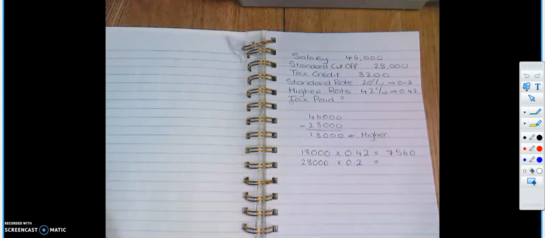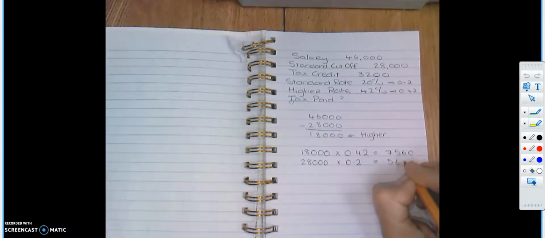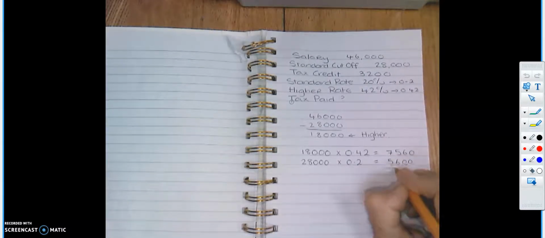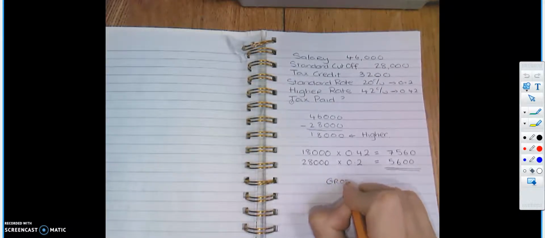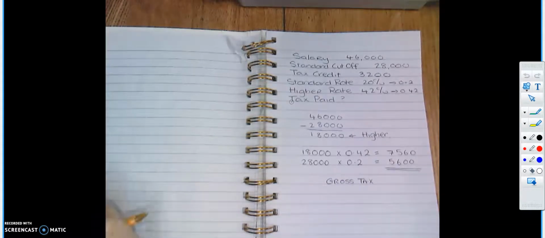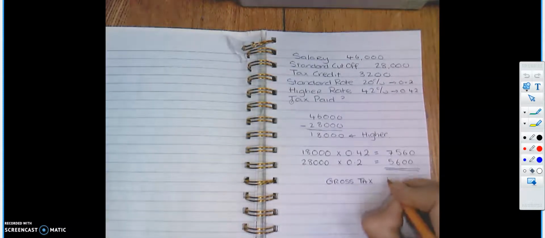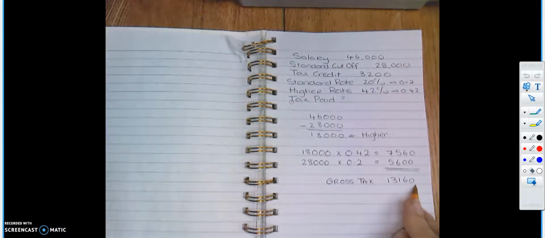My lower or standard rate is 28,000 times 0.2, which is 5,600. Together, these will make the gross or the horrible tax. So if you add 5,600 and 7,560 together, you get 13,160. That is the gross tax.